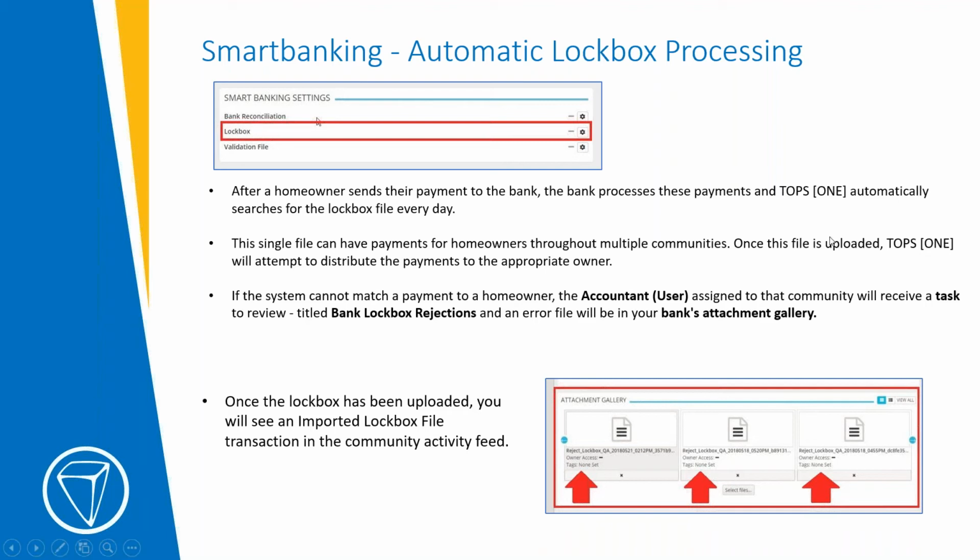And here on the right, you can see a little screenshot image, and it shows a rejected lockbox and then another rejected lockbox. So you can see that attachment gallery from the bank, but a similar attachment gallery, very similar to what this looks like, will be the Lockbox import file transactions on the community homepage. So not to confuse the two.